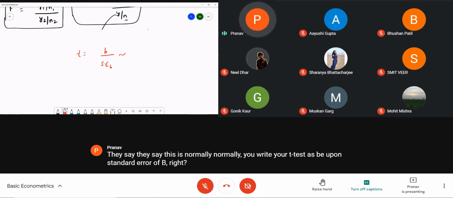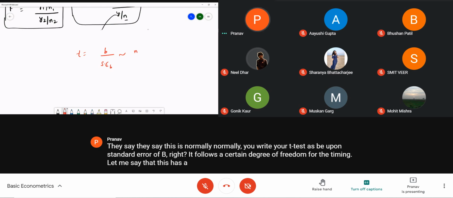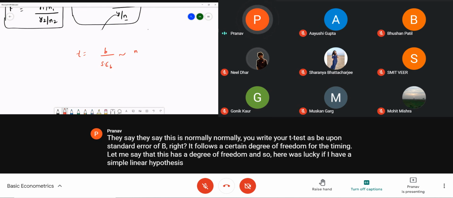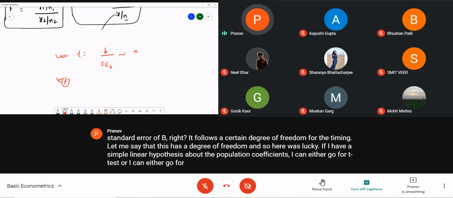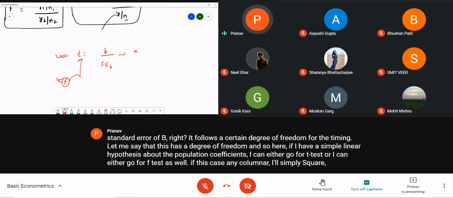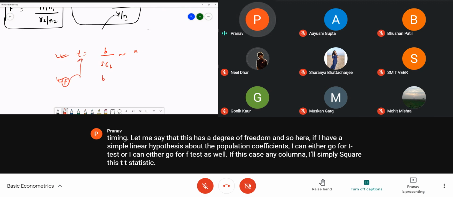It follows a certain degree of freedom; for the timing, let me say that it has a degree of freedom n. So what does this mean? If I have a simple linear hypothesis about the population coefficients, I can go for either the t-test or the f-test. How do I get the f-test? I'll simply square this t statistic. So my f-test will be b square upon variance of b.